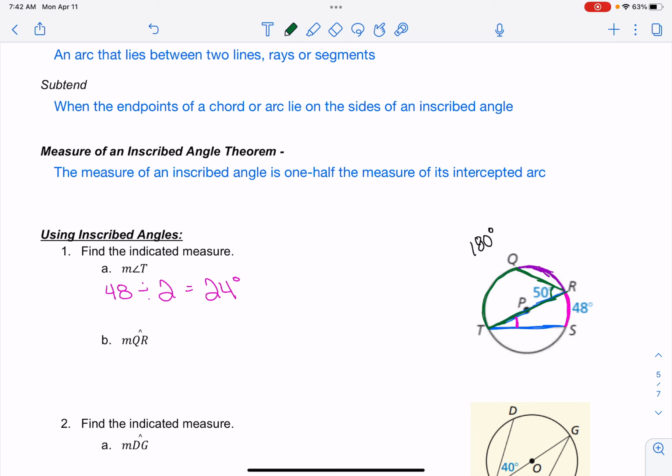Since we know the angle and not the arc, we're going to take 50 and multiply it by 2, which gives us 100. So that means that QT is 100.